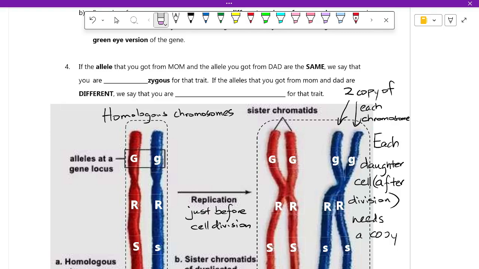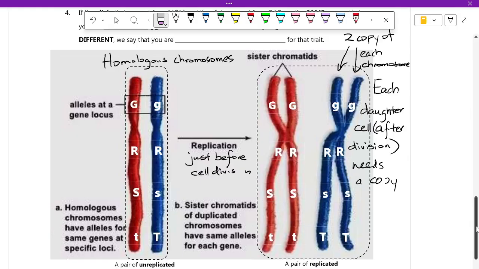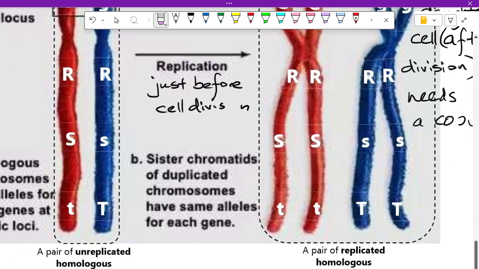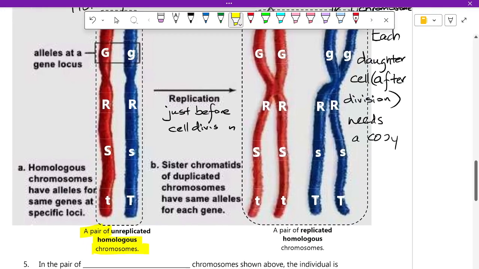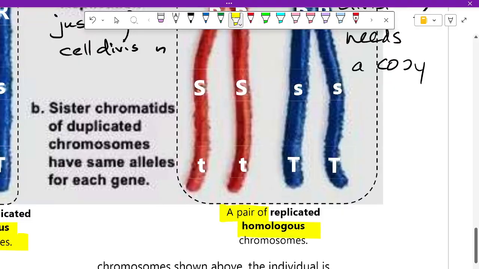Now, the tricky part here, and why is it not moving for me? What is happening here? Here we go. Is that on the left, we have a pair of homologous chromosomes. And on the right, even after replication, we still just have a pair of homologous chromosomes. We don't say we have a quadrad. Okay, although they do kind of call them a tetrad sometimes, but anyway, we still just have a pair of homologous chromosomes.